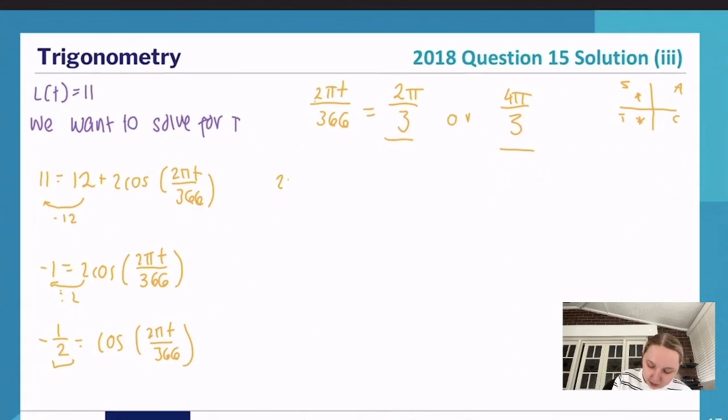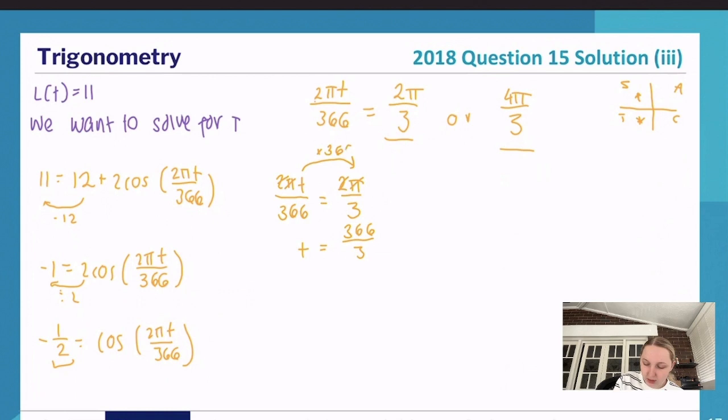So if we've got 2 pi t on 366 is equal to 2 pi on 3, then we can cross these out on both sides. And then t is going to equal 366 on 3 if we move all those around properly, because we're going to multiply that 366 across.